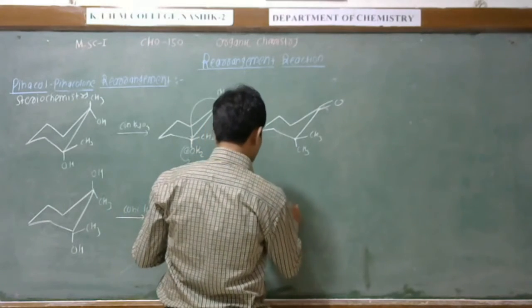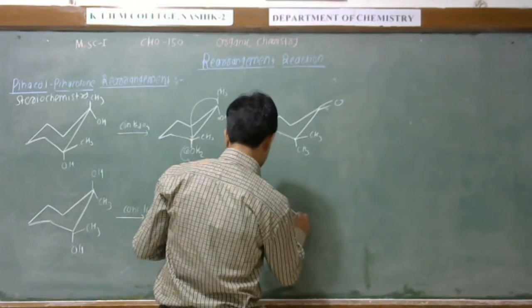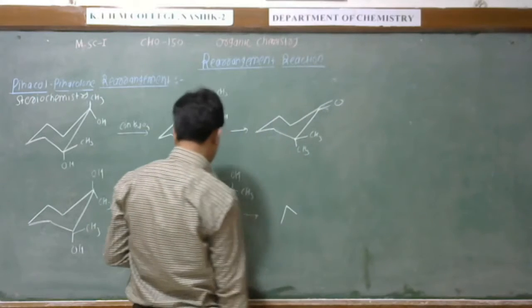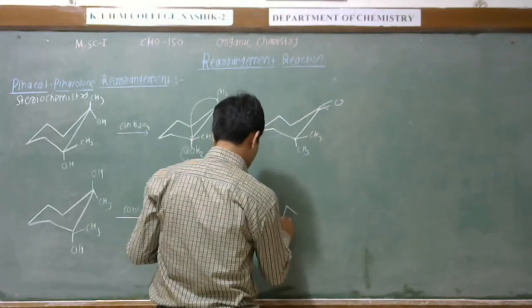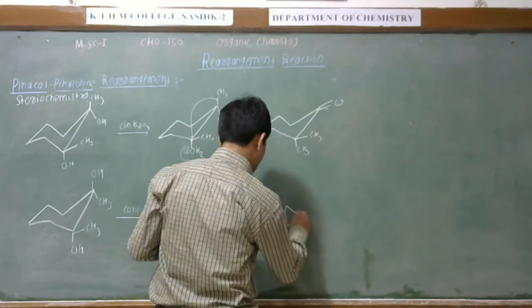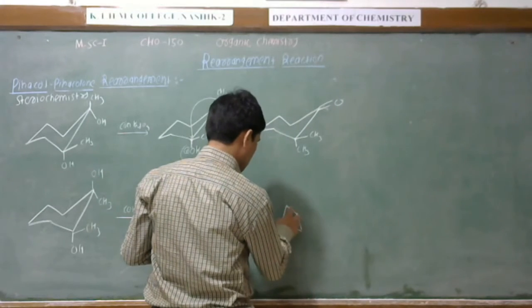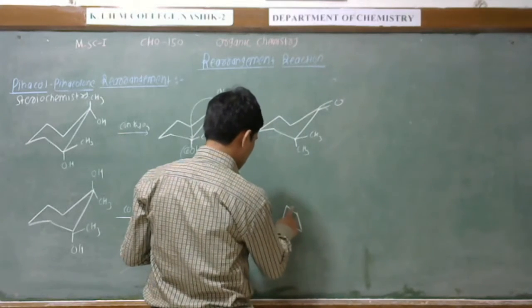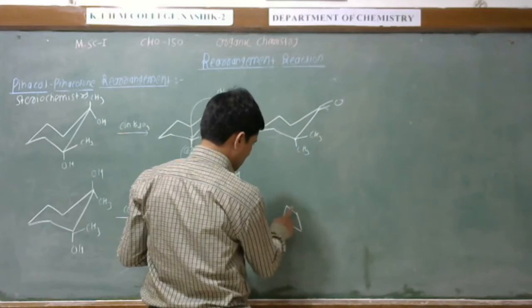here the 5 membered ring. See, this is the 5 membered ring. See, this is 1, 2, 3, 4, and 5.